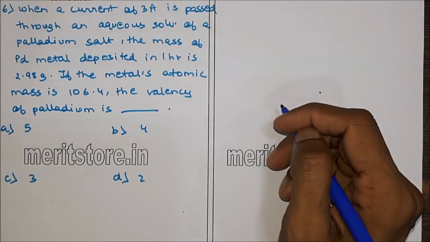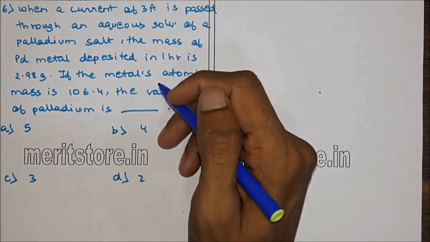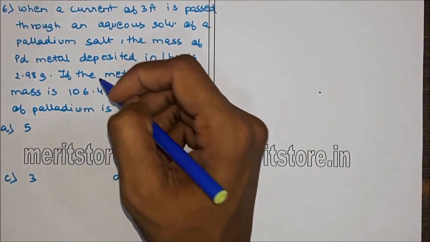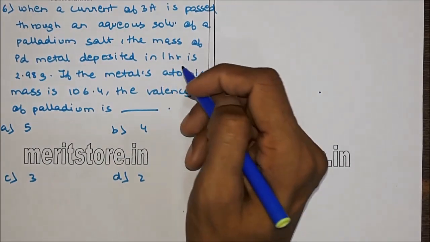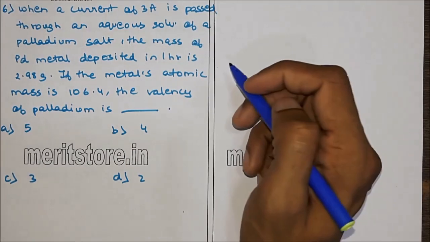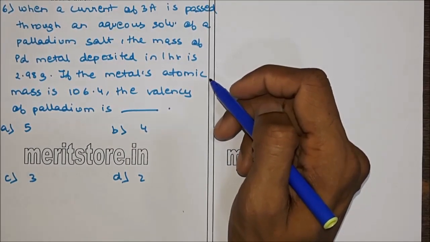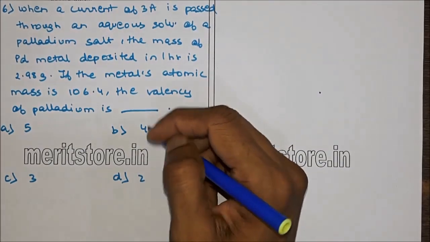Question 6. When a current of 3 ampere is passed through an aqueous solution of a palladium salt, the mass of palladium metal deposited in 1 hour is 2.98 grams. If the metal's atomic mass is 106.4, the valency of palladium is, we give 4 options.